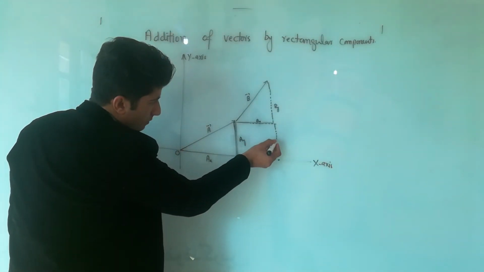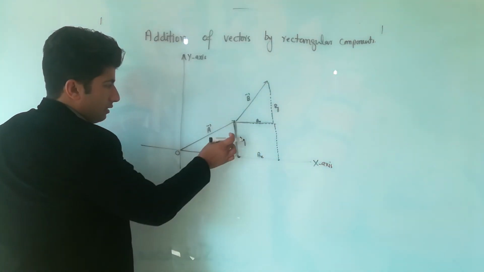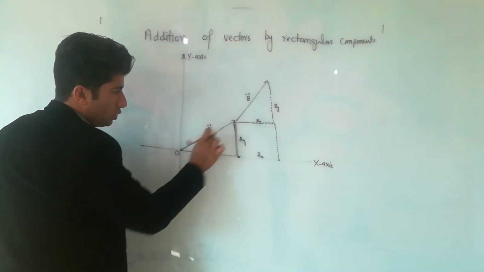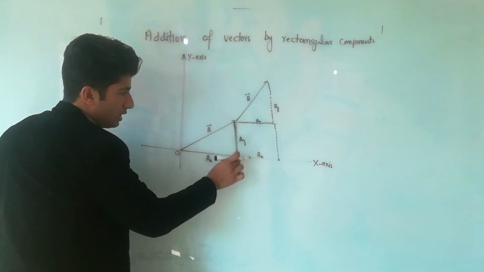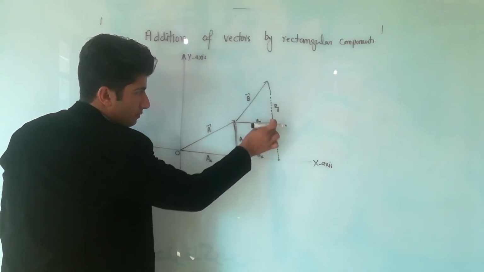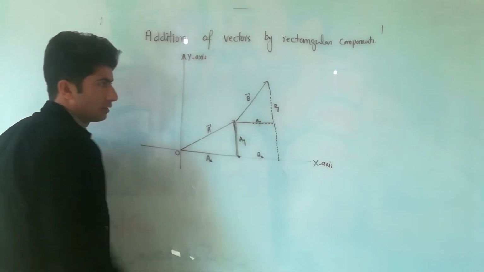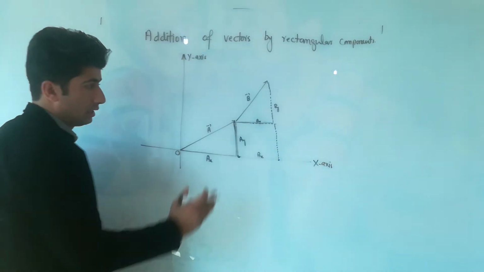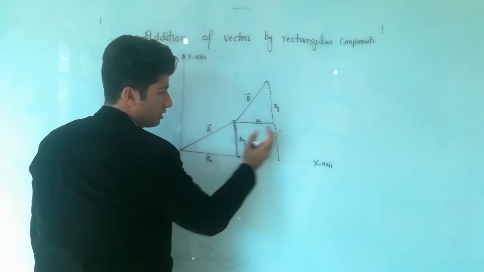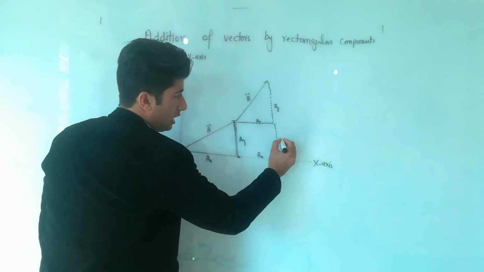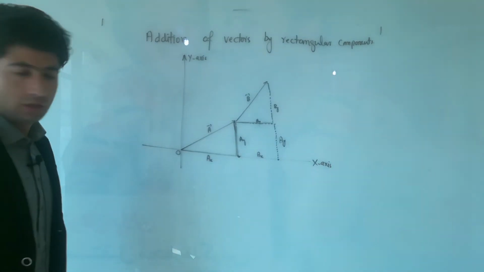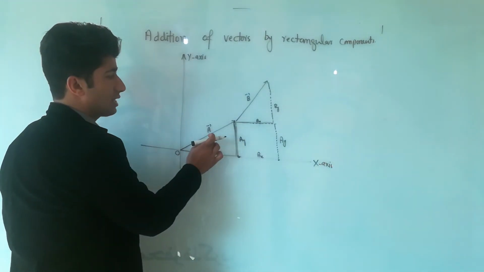And this one is ay, because vector a from origin to this point is ay. What will be this one? It is in front of this, so it will also be ay.